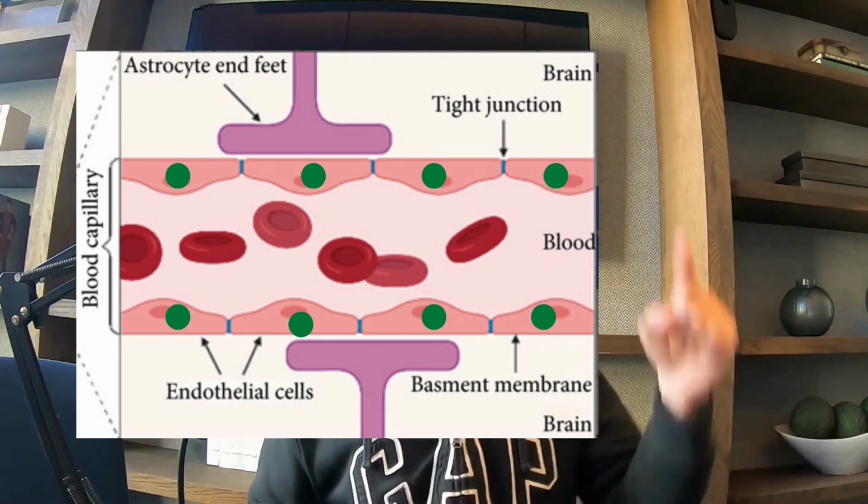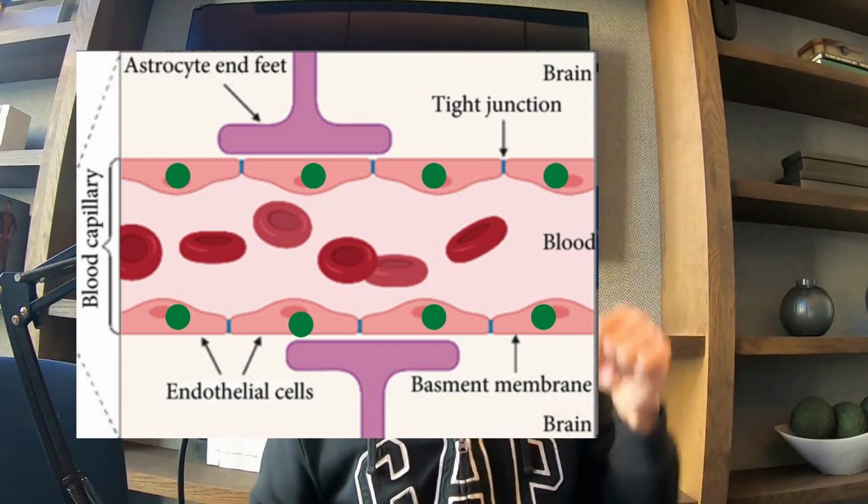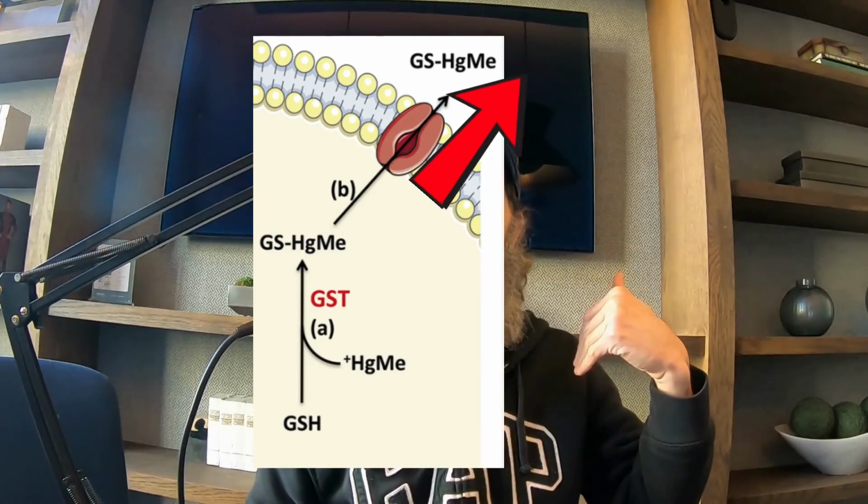Well, the astrocytes in our brain, the glial cells, they make glutathione as well. And the glutathione is in the endothelial cells. So what it can do is it can go in there and hijack the methylmercury, bond to it, where then it is effluxed from the endothelial cells.